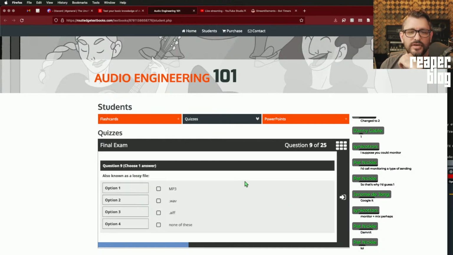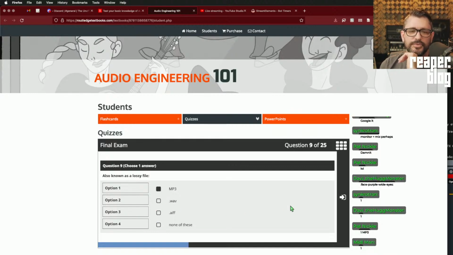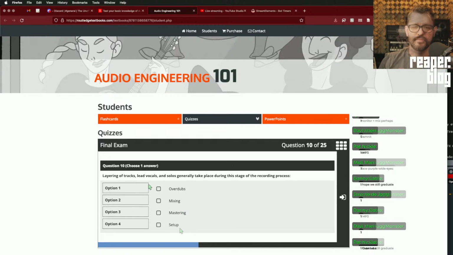Also known as a lossy file. MP3, WAV, AIFF, or none of these. Which of these is a lossy file format? 1, 1, 1, 1. Yeah, MP3 is a lossy format. Layering of tracks, lead vocals, and solos generally take place during this stage of the recording process. Overdubs, mixing, mastering, or setup.